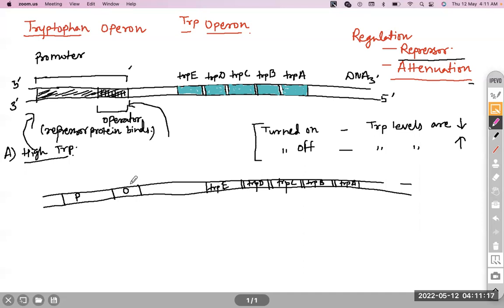When TRP is bound to the repressor protein, then the repressor protein becomes active and it can bind to the operator region DNA. So in this case, repressor protein will be bound to the operator region DNA.